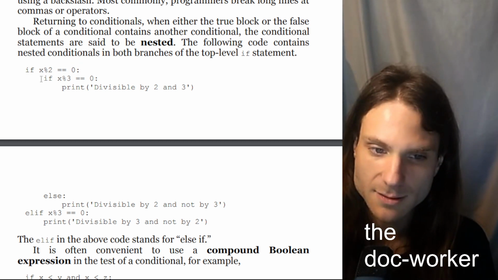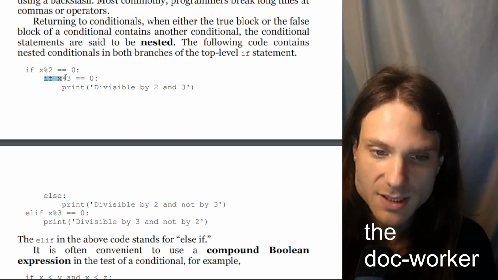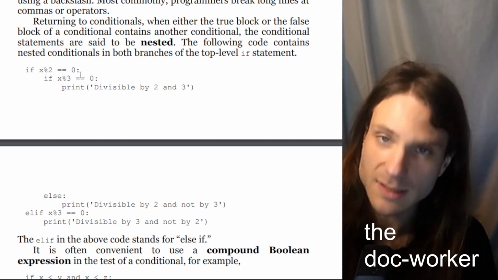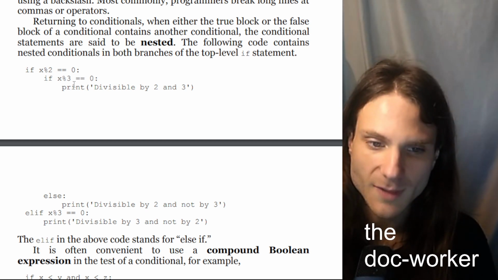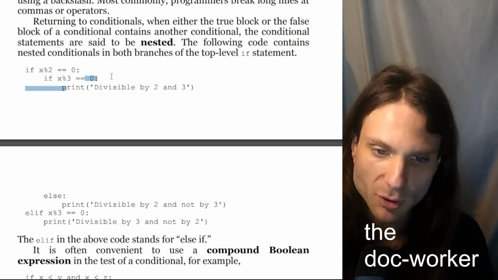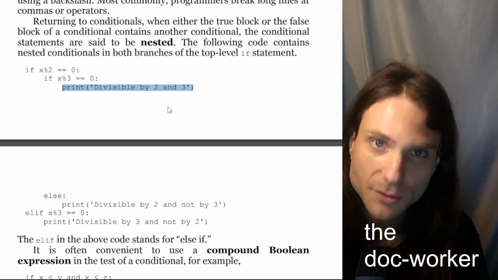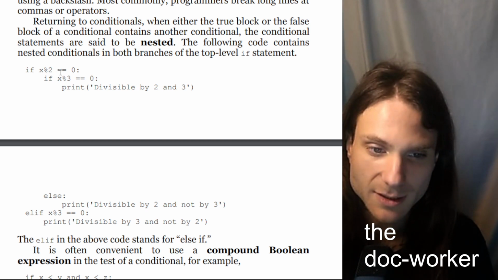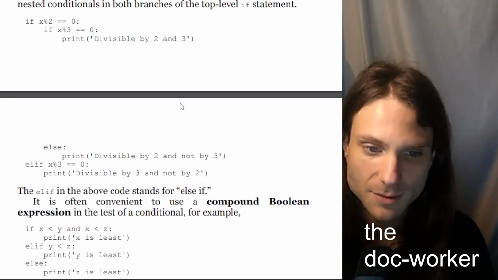If it is, then we run this indented block of code, which checks if x modulo 3 is equal to 0. If that is also true, then print divisible by 2 and 3. This block will only be executed if both checks have been passed.